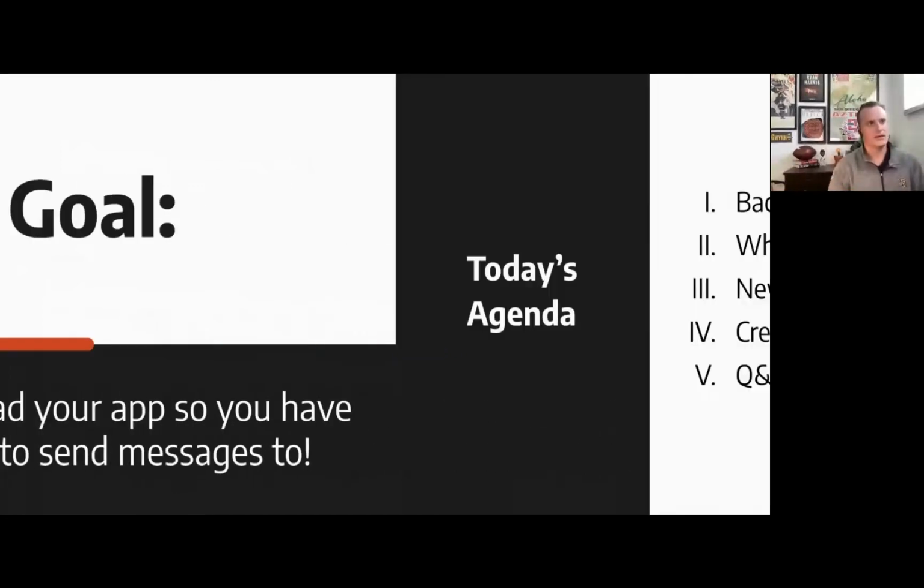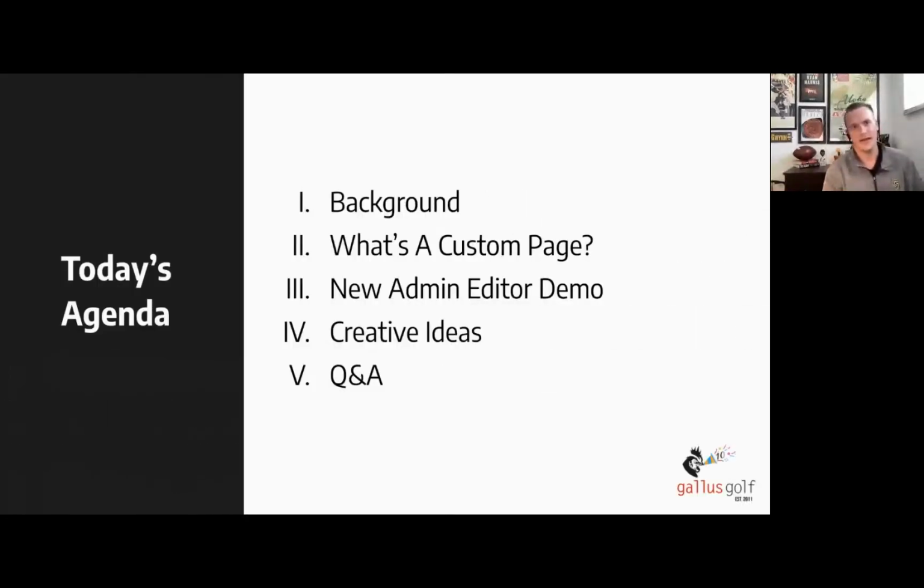So today we are talking about the home screen of the app and some of the options that are available to you. So here's today's agenda. We're going to go over some background. We're going to talk about what a custom page is. Then we're going to show you our new admin dashboard editor that we are rolling out right now. I'm very excited about it. And then we'll end with some creative ideas, and a Q&A.